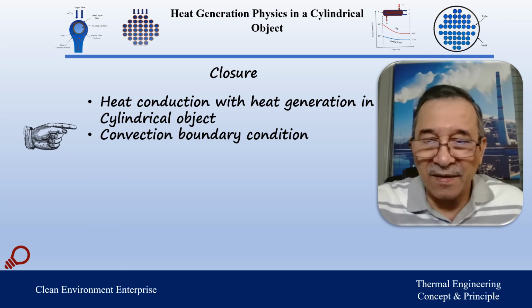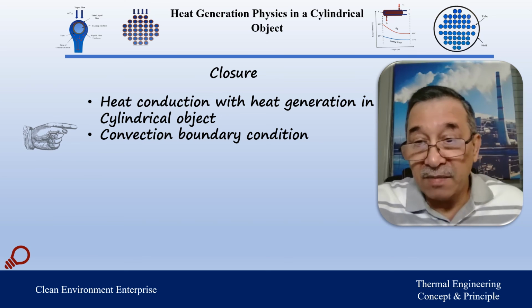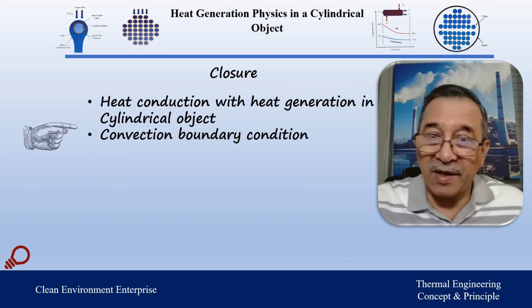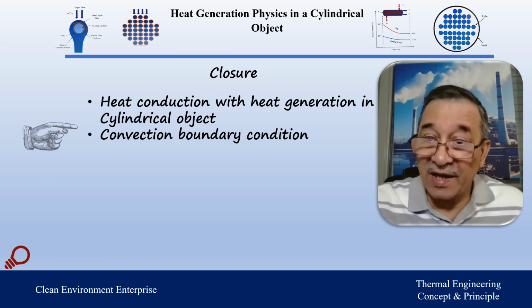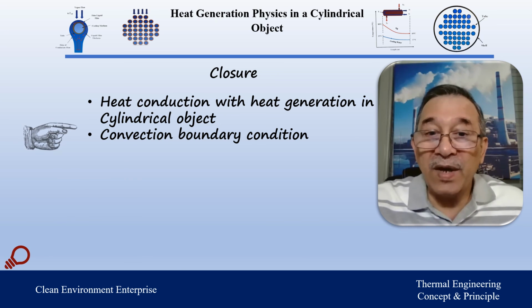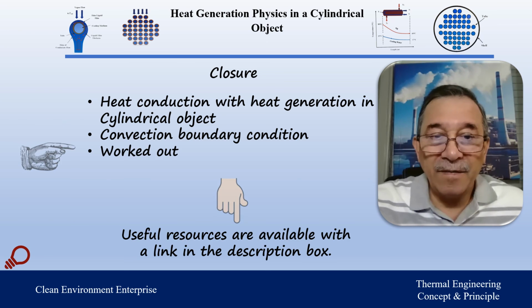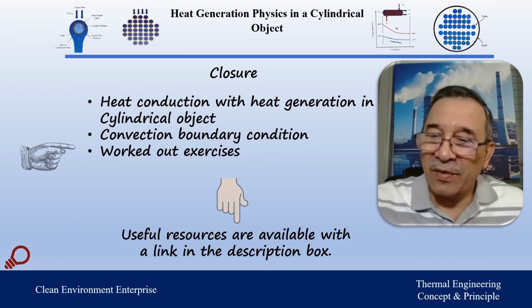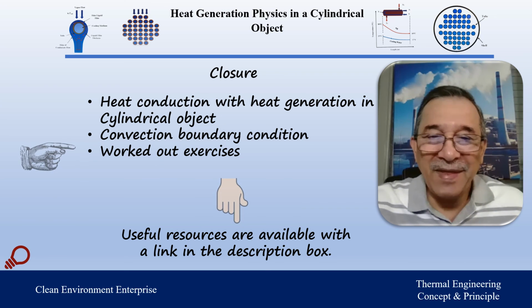Usually they are used in air conditioning as air heaters, and they may be used in industrial applications or even in domestic applications, just like ovens and microwaves. So usually we have a convection boundary condition.